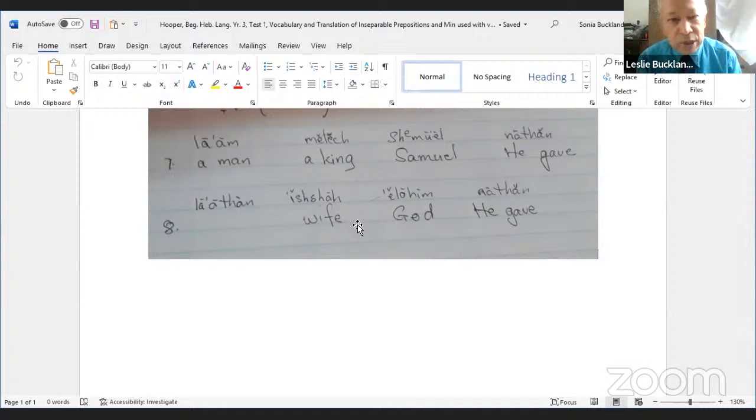When a word has more than one meaning, you will have to look closely at the context to find out which shade of meaning would fit this word the best. That is why you find in translation, different translations having different words, because there is more than one shade of meaning in these words.